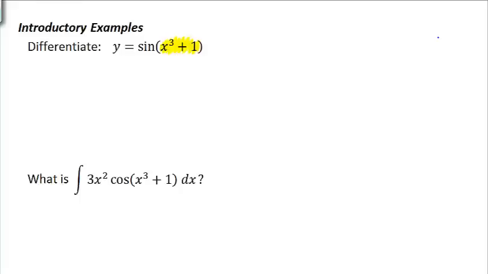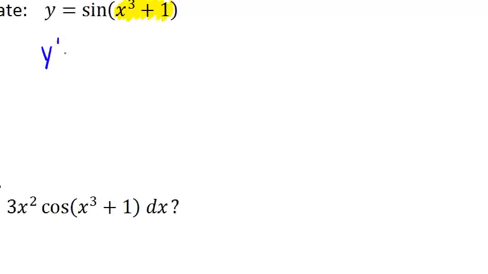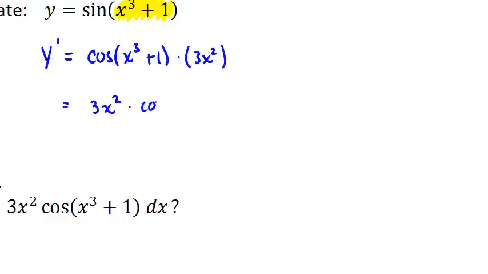So when we take the derivative, we have cosine of the stuff times the derivative of the stuff, which would be 3x squared. So we could just write that as 3x squared cosine of x cubed plus 1. And that's not too bad.